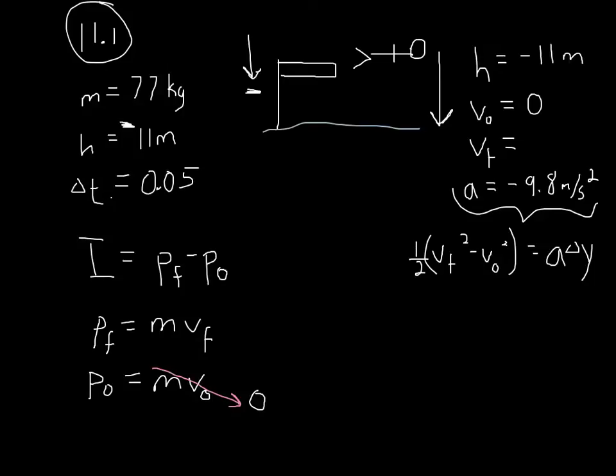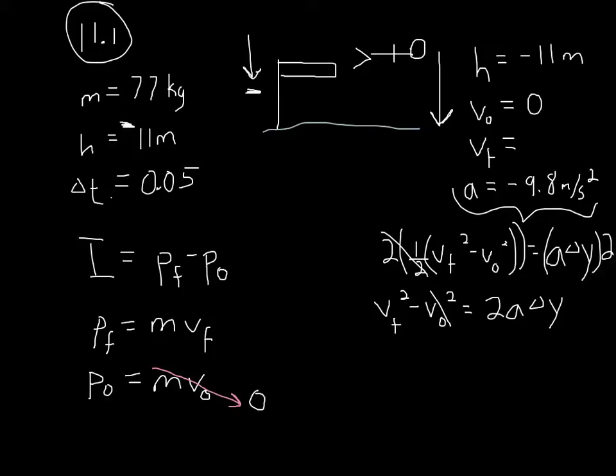I can do the algebra here, multiply both sides by 2, to start trying to solve for vf. Get vf by itself. So my 2 and my 1/2 cancel, and I have vf squared minus v initial squared is equal to 2 times a times change in y.